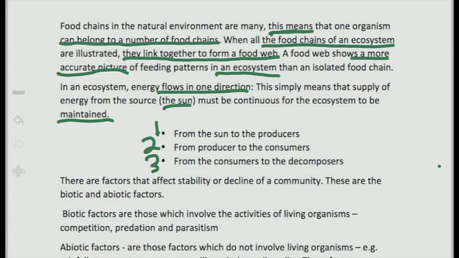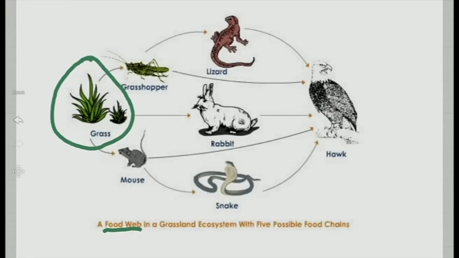There are factors, though, that affect the stability or decline of a community. These are the biotic and abiotic factors. But before we look at this, we will come back to this. Let us look at the example of a food web. From this, we are saying these are forming a food web. For instance, here we have one kind of producer.